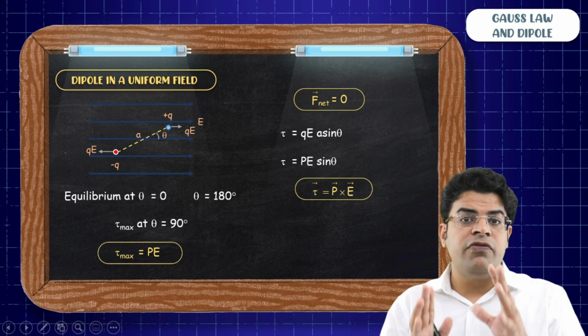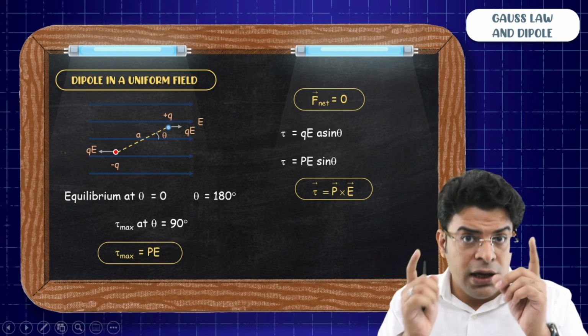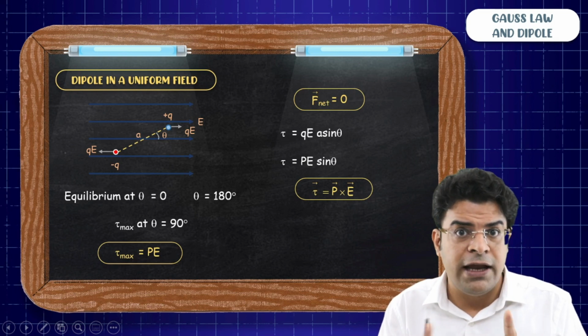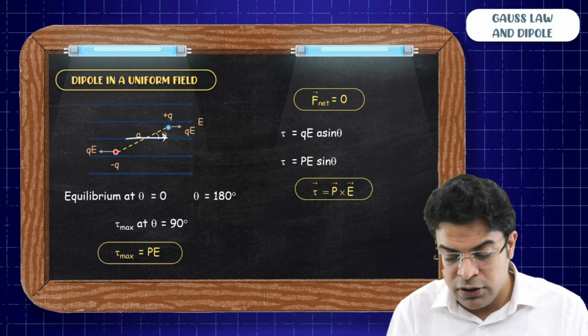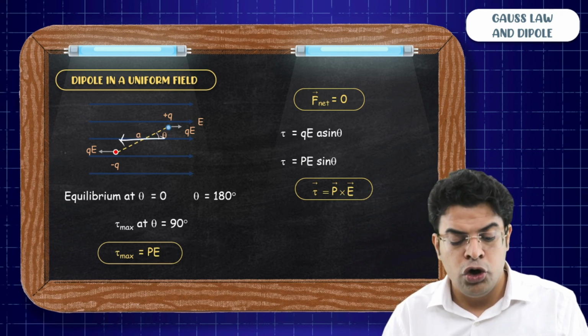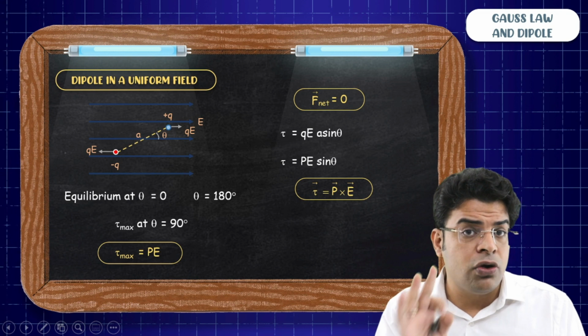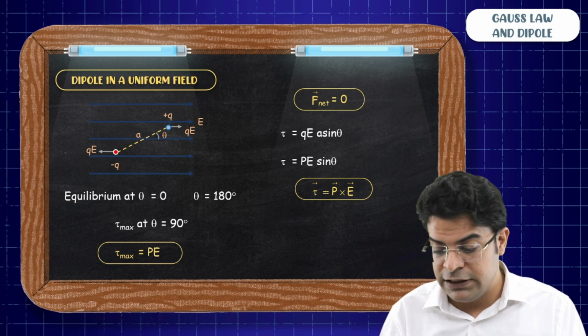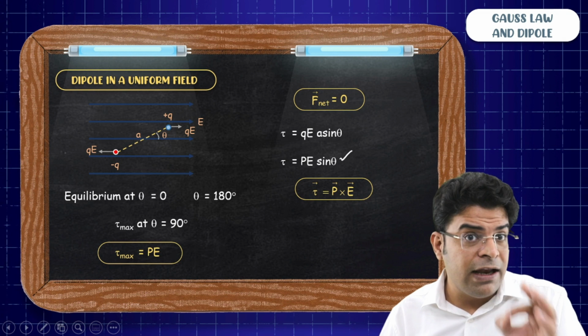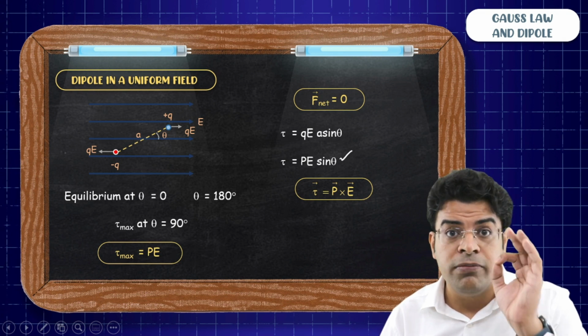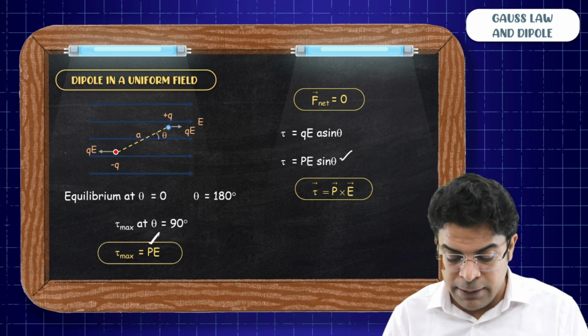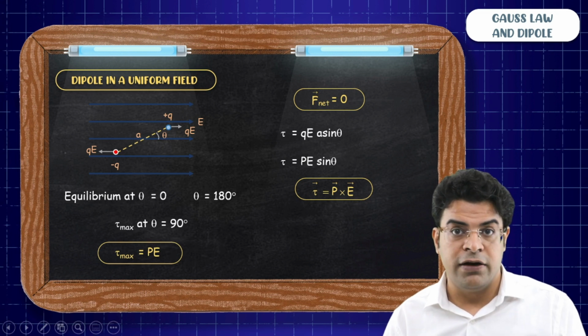So the dipole will be in equilibrium in a uniform electric field when it is parallel or anti-parallel to the field. The maximum possible torque will act on the dipole when theta equals 90 degree, and the value of this maximum torque is the magnitude of dipole moment times the magnitude of electric field.